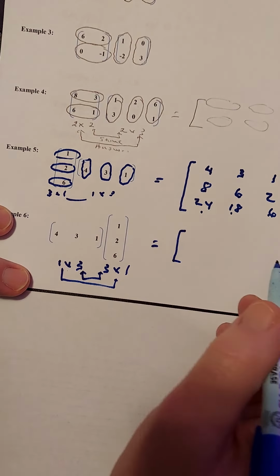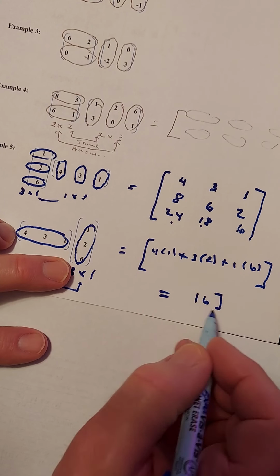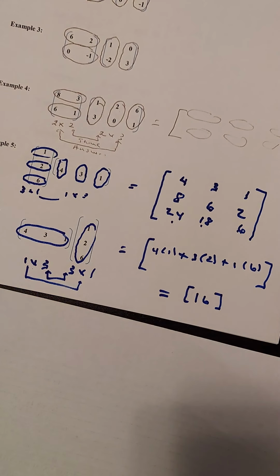We're going to take 4 times 1 plus 3 times 2 plus 1 times 6. That's all one number. So 4 and 6 is 10, plus 6 is 16. That's a 1 by 1 matrix.